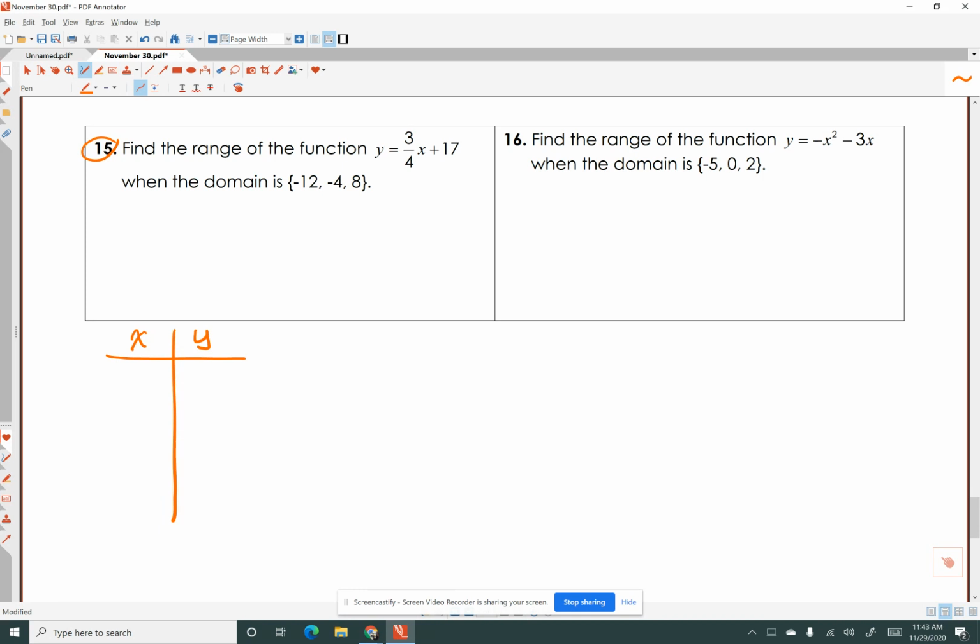So we've got y equals 3/4 x plus 17. Our x values, the domain, are negative 12, negative 4, and 8. So I'm going to write this 3 times, once for each domain value that I want to evaluate.